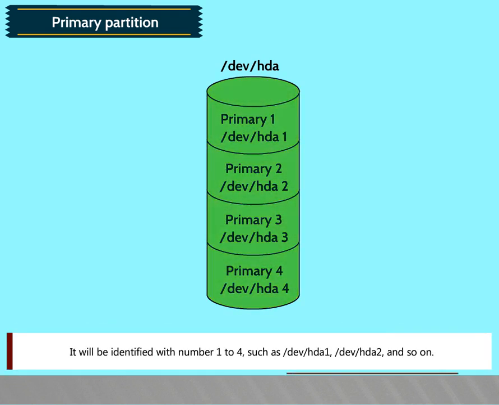It will be identified with number 1 to 4, such as /dev/hda1, /dev/hda2, and so on. Extended partition.